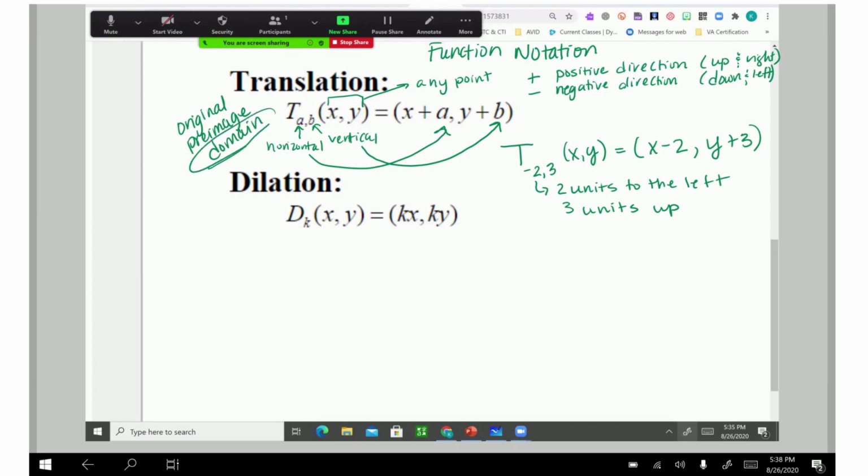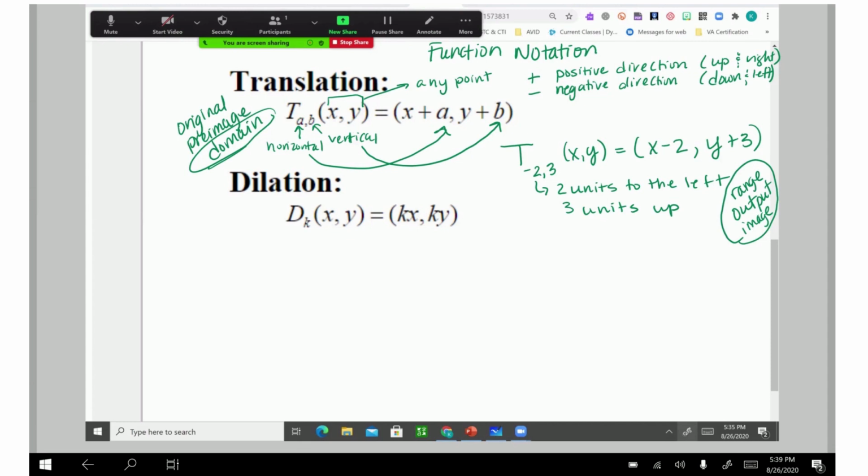When we do the rule on those points, the output, the image, that's our range.